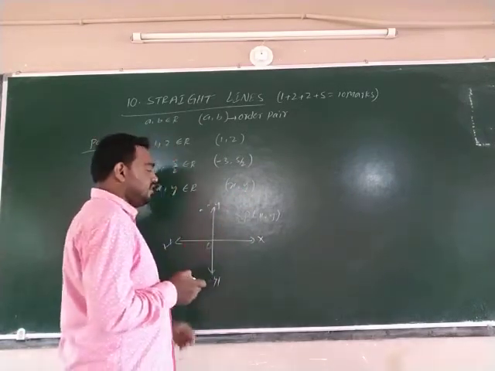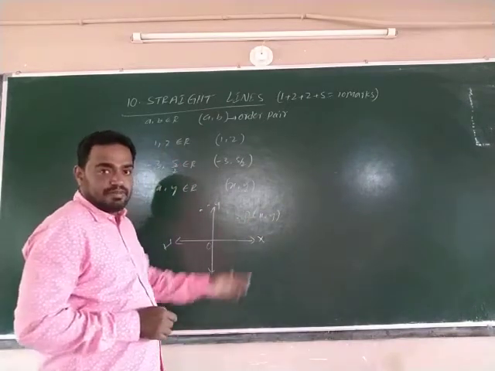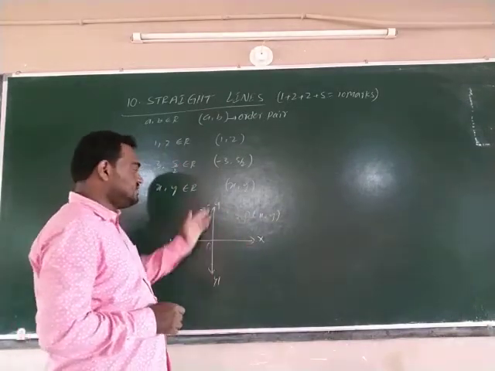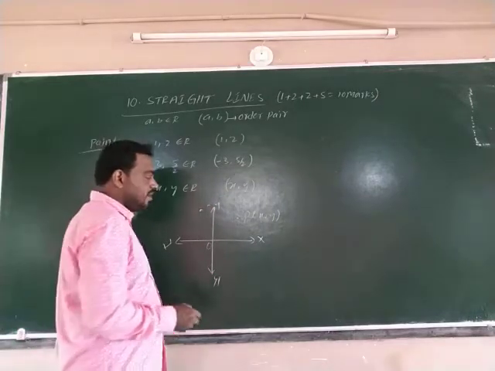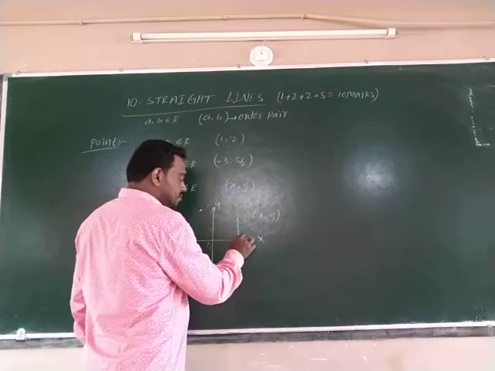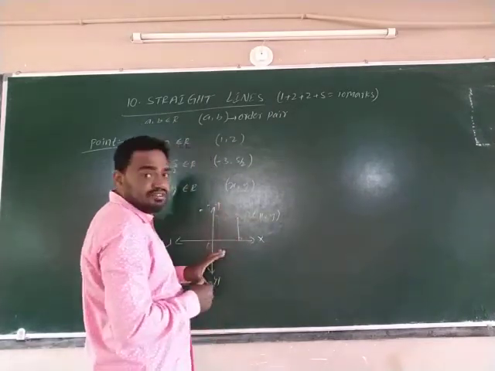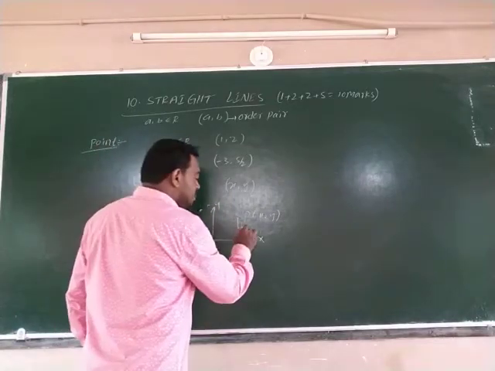So how are we defining this thing? P is any point in the plane. This is x axis, this is y axis. The perpendicular distance from P to x axis is called y coordinate.